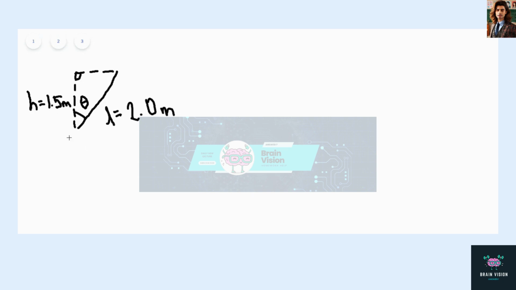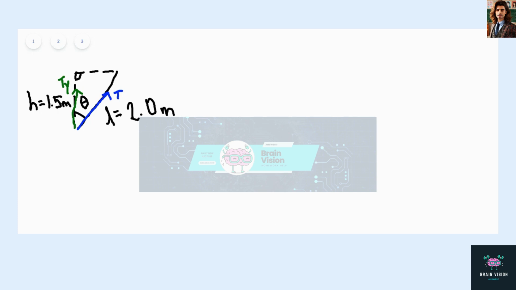Now, the reason that I'm drawing this diagram is to highlight the relationship between the wire's tension and the vertical component of that tension, which I'm representing in green. A vertical arrow represents Ty, and this blue arrow along the hypotenuse represents the total tension in the wire. The angle between the blue arrow and the green arrow is the same as the angle between the wire and the vertical component.